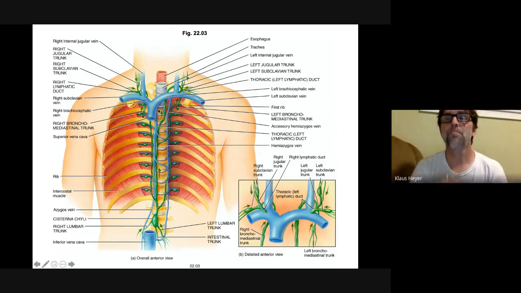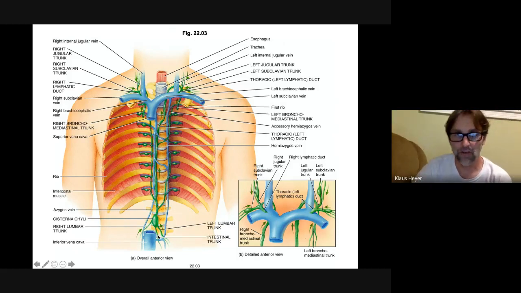So the word broncho means lungs. The word mediastinal means that's the cavity that the heart sits in. So we're talking about this area, the thorax. The bronchomediastinal trunk drains the thorax. So we have 3: jugular, subclavian, bronchomediastinal.